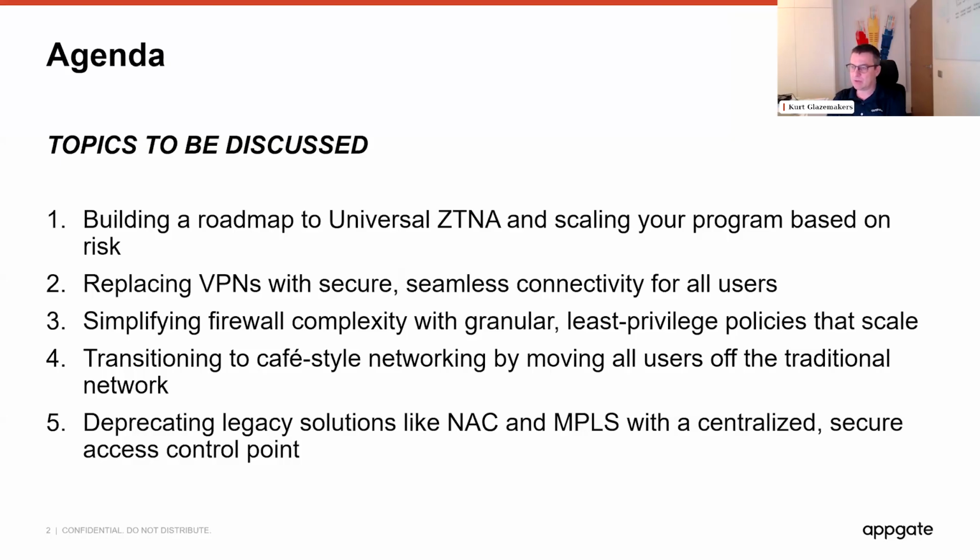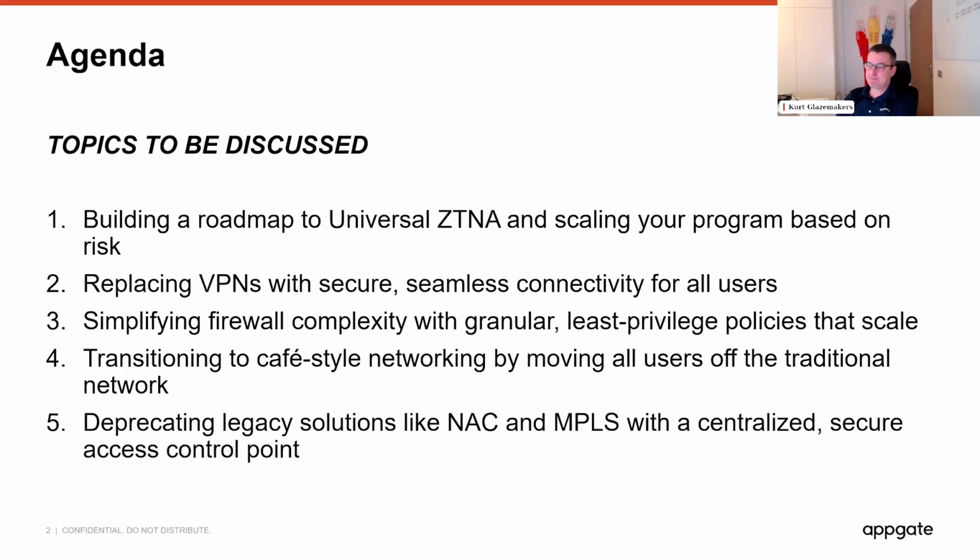Typically, most of our users start with replacing VPNs, for example, and we'll dive a little bit into what the benefits are, both from a security aspect as well as on return on investment, and what impact it has on your infrastructure already. Simplifying firewall complexity is a big important aspect of it, and we'll dive a little bit into that as well.